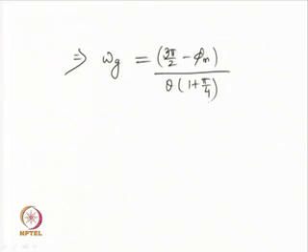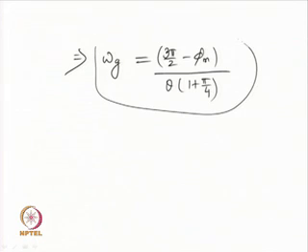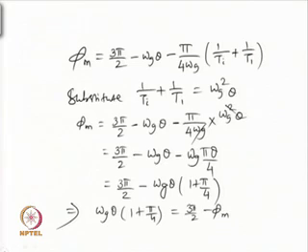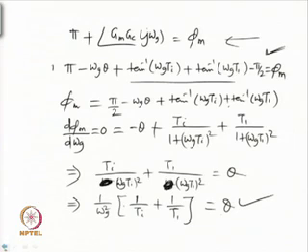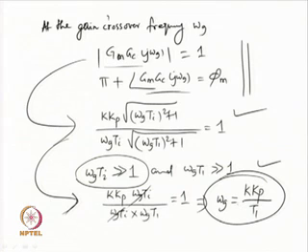Now, why have I brought the analytical expression to this form? If you look at the gain condition, we have found that omega g is equal to k Kp by T1.